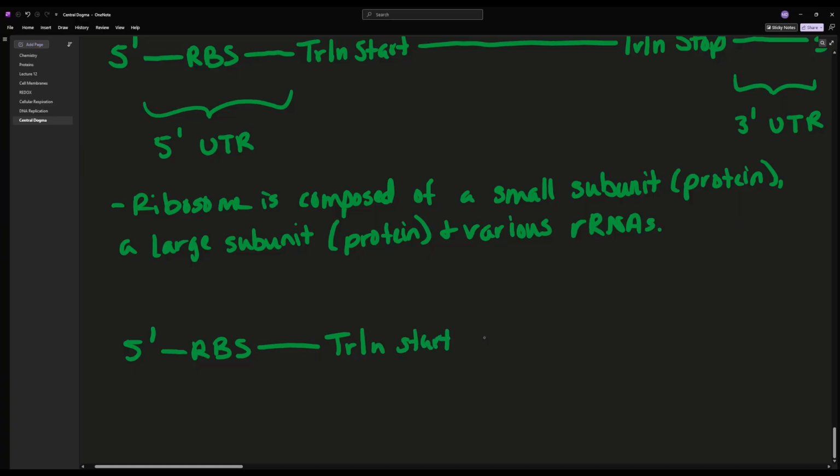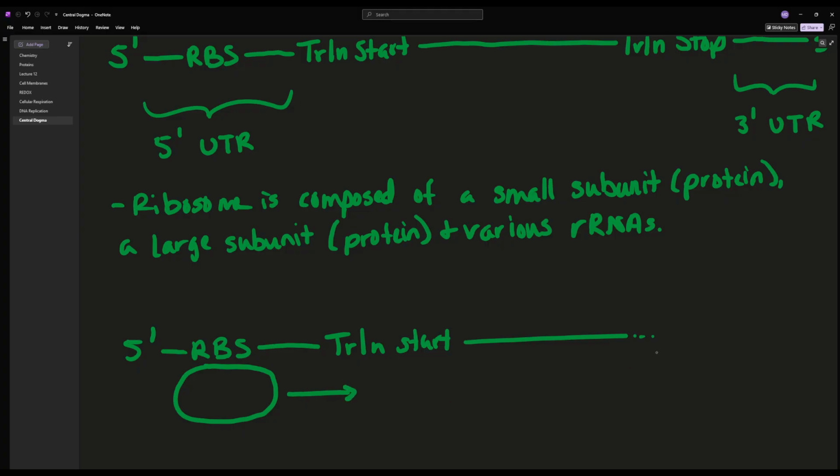Hold on, let me finish writing this. Maybe we'll just say that continues on elsewhere because we don't need to focus on that for now. So our small subunit, the circle down here, is going to bind to our ribosomal binding site, and it's going to start to move towards the 3' end. Note that this is moving from 5 to 3. In all other cases, our templates are being read from 3 to 5.